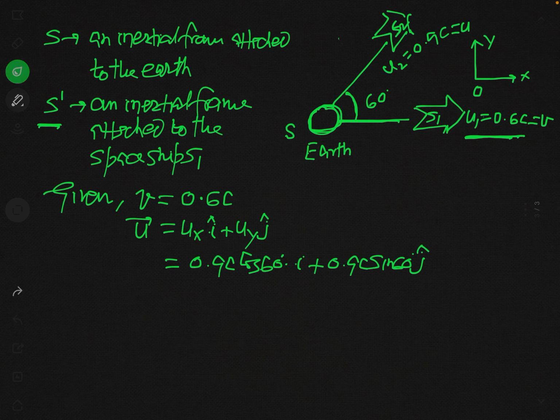So you can find the x and y components of the velocity of the spaceship S2 with respect to the Earth.